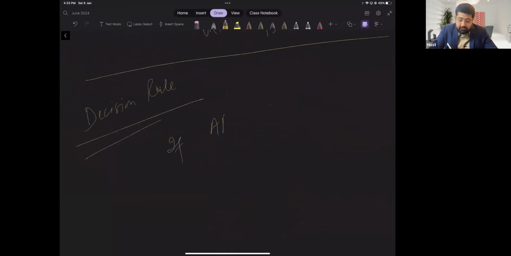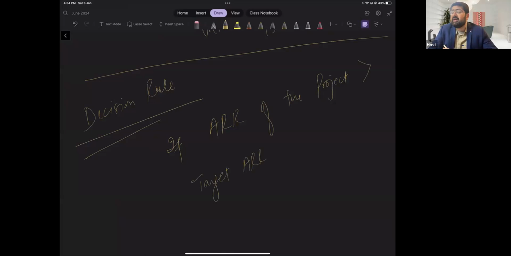If the ARR of the project is greater than the target ARR of the company. The company's board of directors decides, okay, we will accept all projects if their ARR is 25% or more. So whatever they decide, then accept the project. We will give the decision. Otherwise, if it is less, then reject.